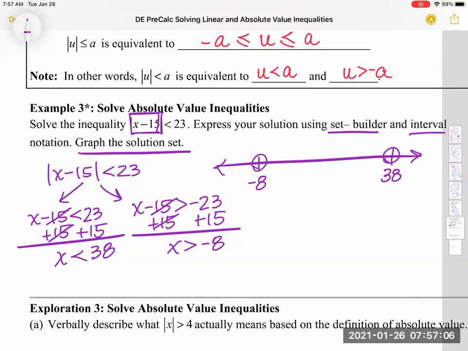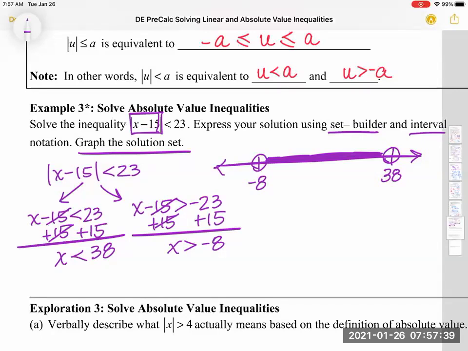Less than 38 would be shading to the left, and greater than negative 8 is going to be shading to the right. So these are going to overlap. Every time you have a less than, your solutions are going to overlap. When you have greater than, which we're coming to soon, then they're going to do something else.